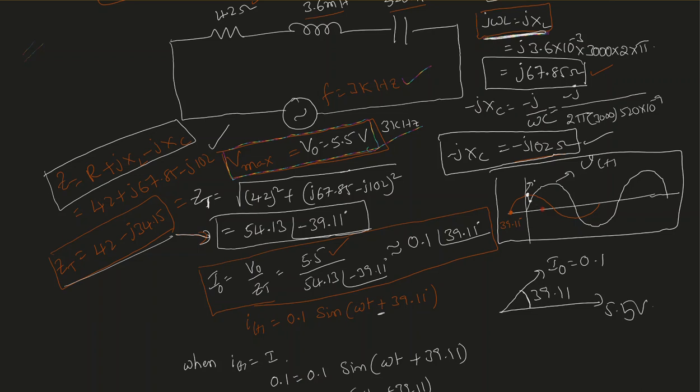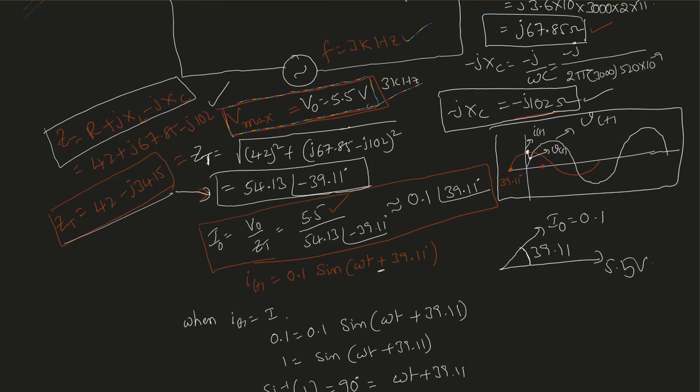So this is the current I of t, and this is the voltage V of t. When the current is maximum, what is the voltage? I'm going to write this I of t as a sinusoidal waveform. You can write it as a cosinusoidal waveform too; it's not going to make any difference.